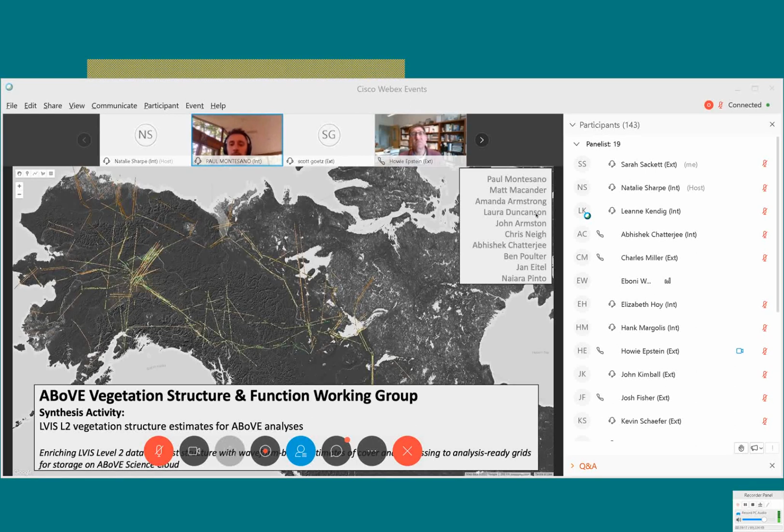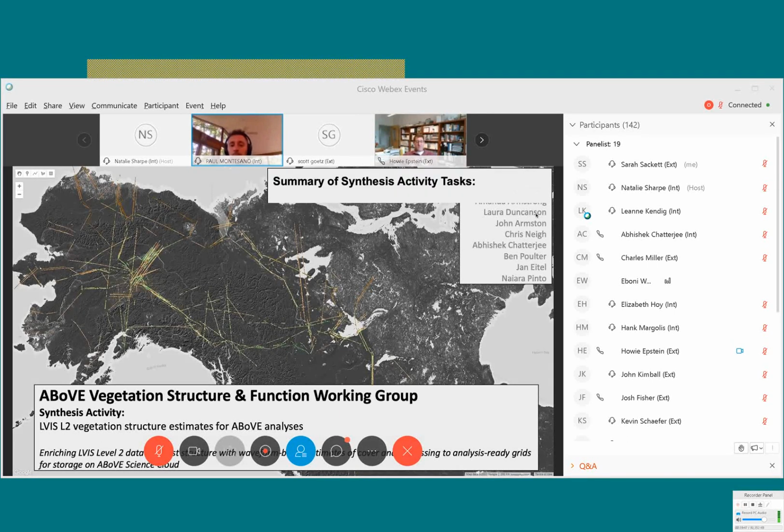These ELVIS data don't exist without work done to process the level 2 flight line data sets to what NASA calls the level 3 gridded products. The level 2 data are available through earthdata.nasa.gov, NSIDC, and the ABoVE science guide. So the Vegetation Structure Working Group is doing this work to turn these level 2 data sets into level 3 grids and make them available to the ABoVE team.